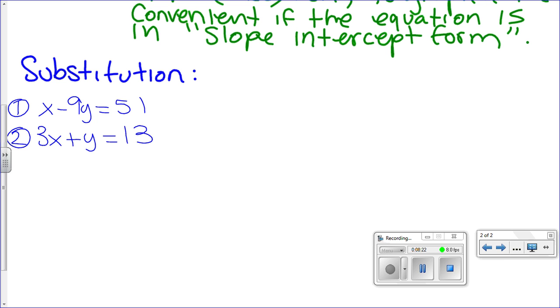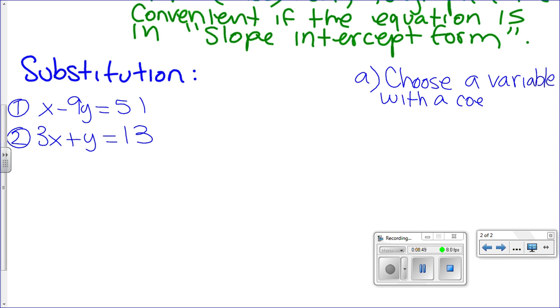So the steps that I'm going to list, we're going to be solving the system as well. So the first step is going to be to, let's say, choose a variable with a coefficient of 1.